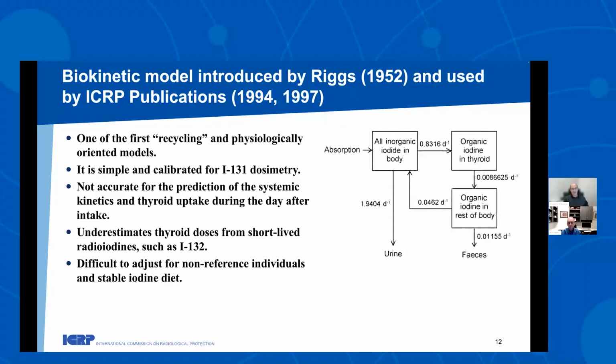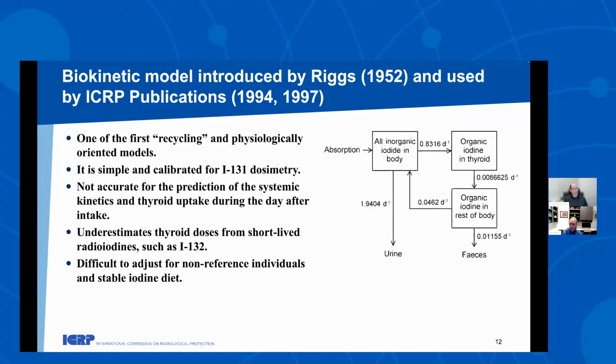You already heard that this is first-order kinetics, just a system of differential equations, more or less straightforward. For this particular model, it can easily be handled by hand without computers. And it's a rather useful model, honestly speaking, especially if you're speaking about iodine 131.